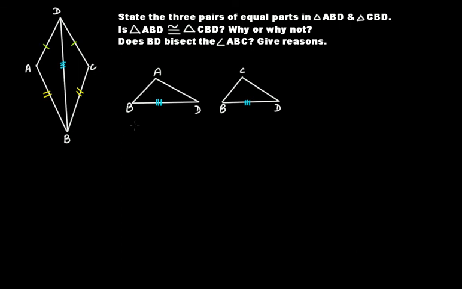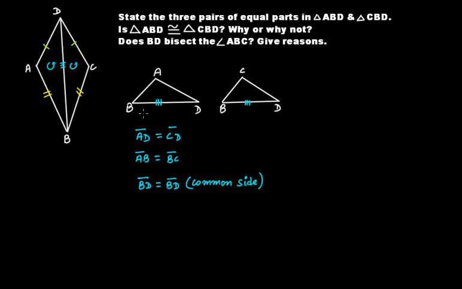Now from this triangle and from this triangle, side AD is equal to side CD, side AB is equal to side BC, and this is common. Therefore side BD is equal to side BD, and you can put in brackets, common side.